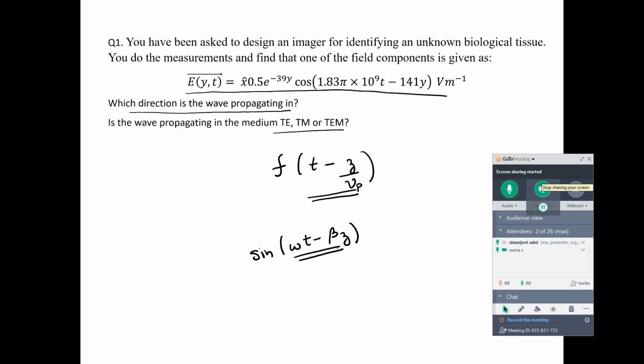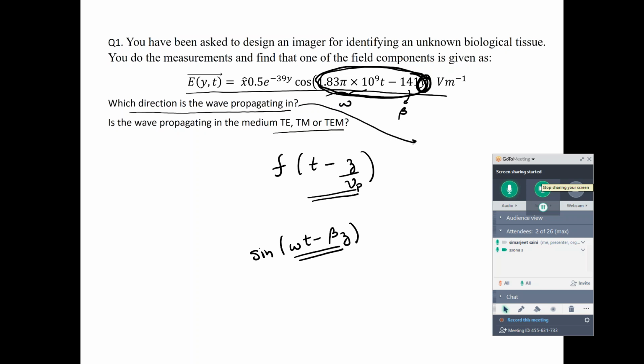The argument function should have both the time and the distance. And in this case, the only function which has that is this function over here. So this term over here must be omega. This term over here must be beta. And the term which is coming here must be the direction in which the wave is propagating.